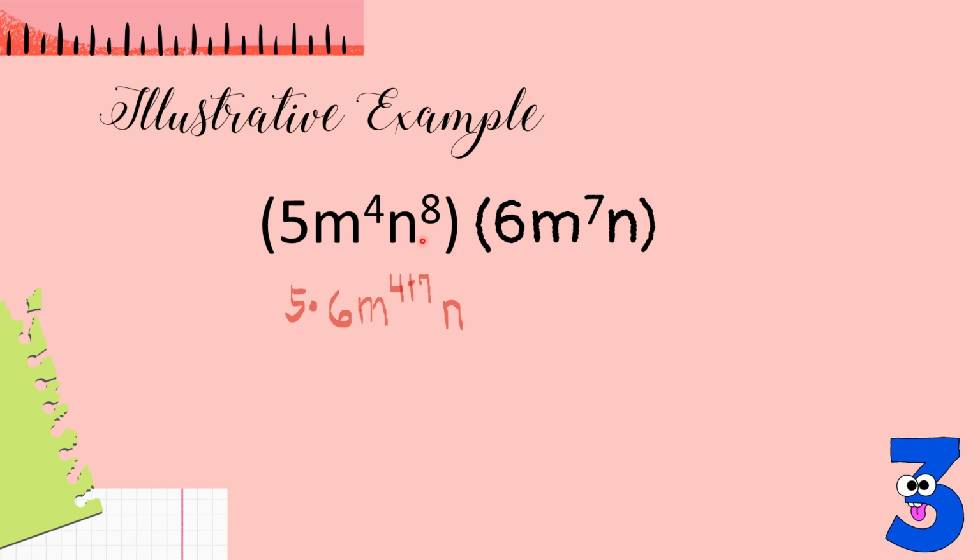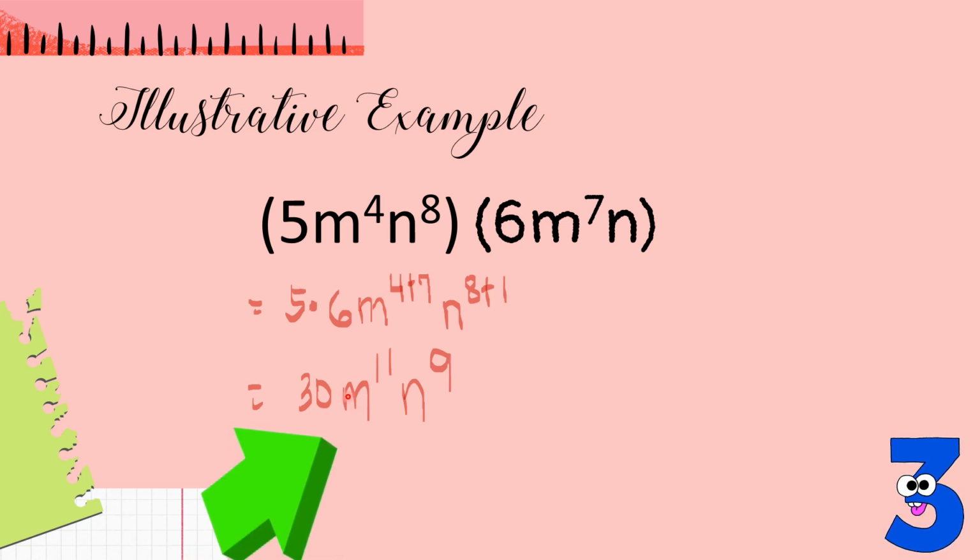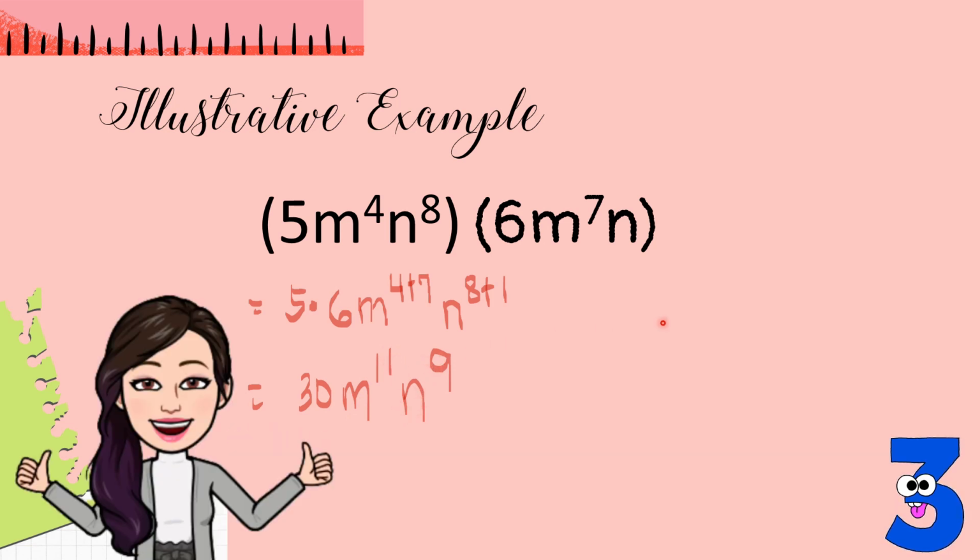And then for n, we have 8 and this is understood to have an exponent of 1. So 8 plus 1. So 5 times 6 is 30. m raised to 4 plus 7 is 11. n raised to 8 plus 1 is 9. So the product is 30 m raised to 11 n raised to 9. Is this clear?